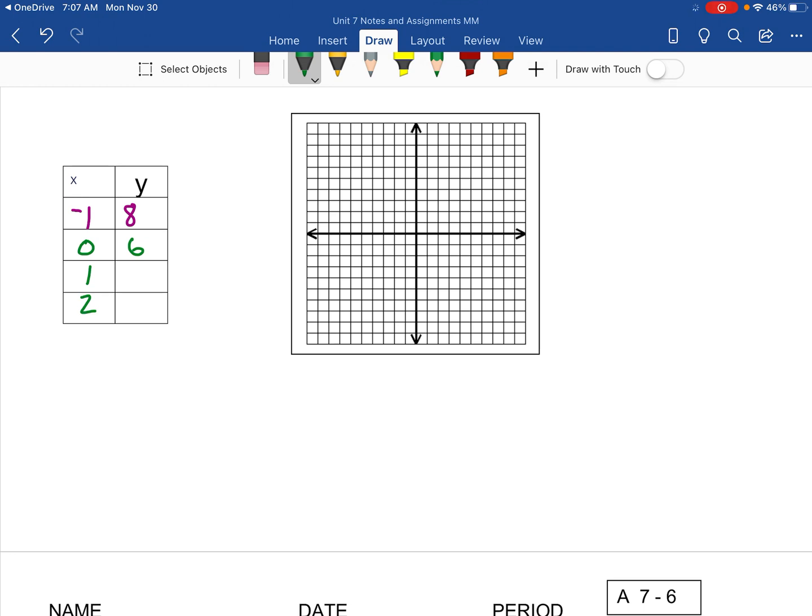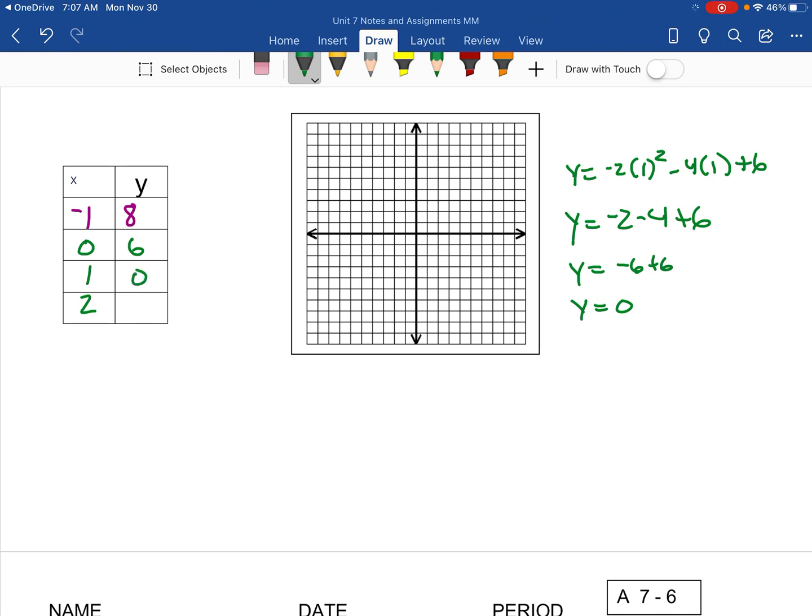Then I need to see what y is when x is positive 1. So I'm going to plug a positive 1 in everywhere there's an x. Negative 2 minus 4 plus 6. Negative 6 plus 6, y is 0. So when x is 1, y is 0. Okay.